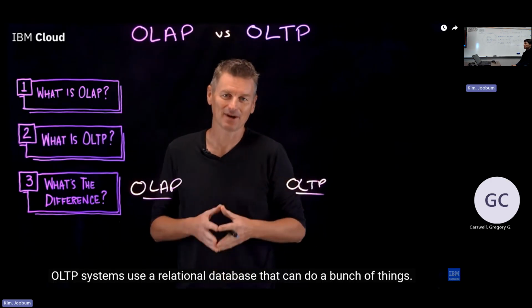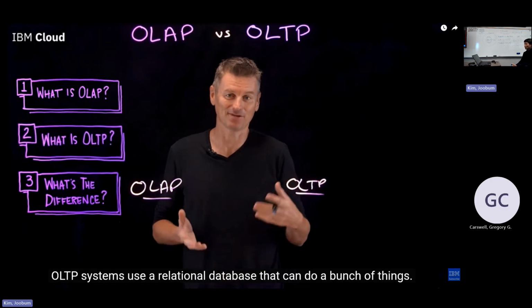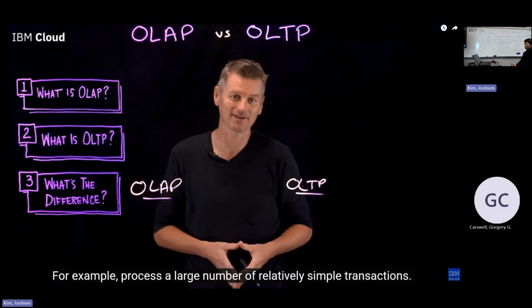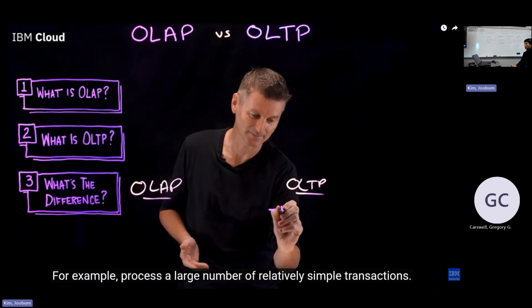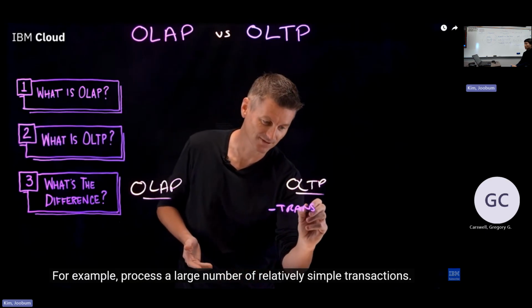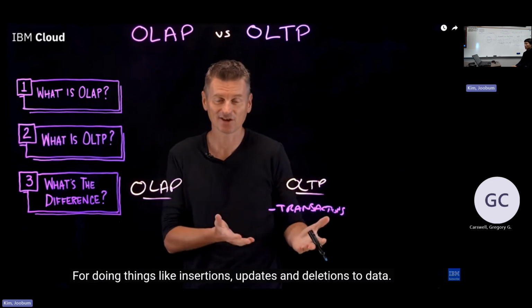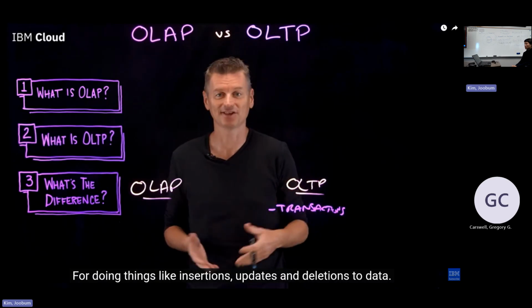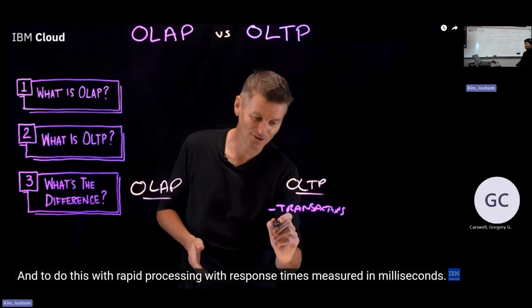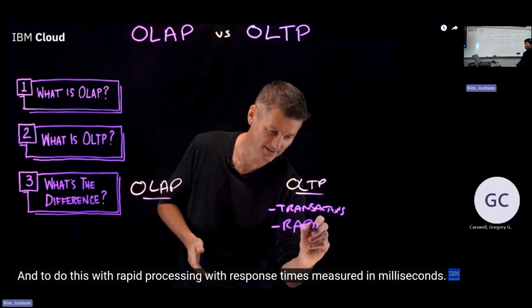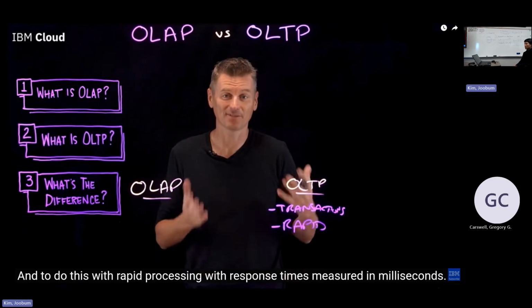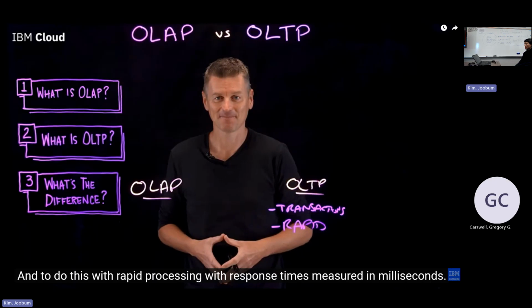OLTP systems use a relational database that can do a bunch of things. For example, process a large number of relatively simple transactions, for doing things like insertions, updates, and deletions to data, and to do this with rapid processing, with response times measured in milliseconds.